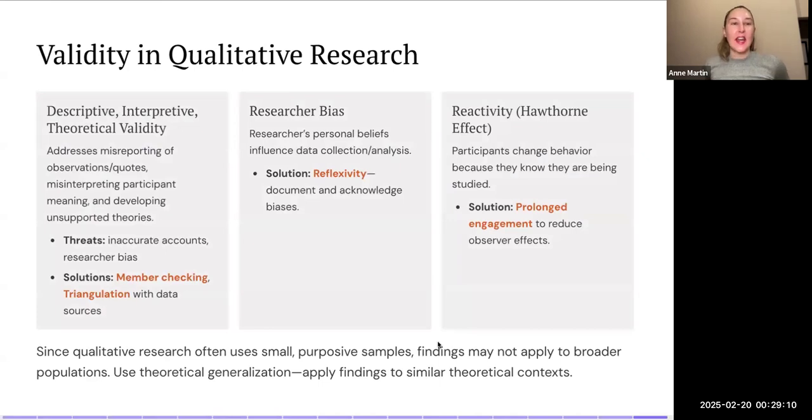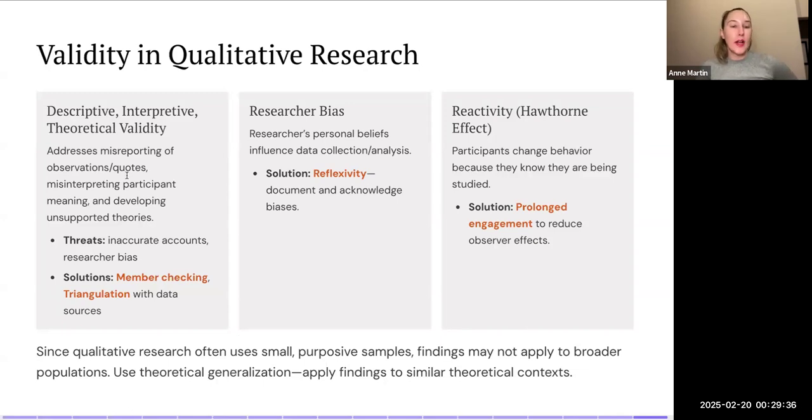Now, lastly, in qualitative research, like I mentioned, we more so talk about this in terms of trustworthiness, credibility, dependability. So some of the concerns there are misreporting of observations or quotes, misinterpreting participants, or developing unsupported theories, and then also issues such as researcher bias.